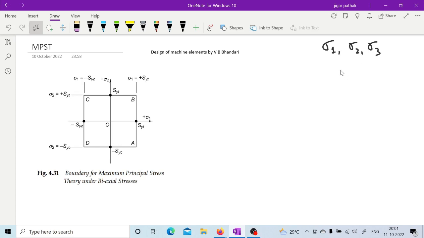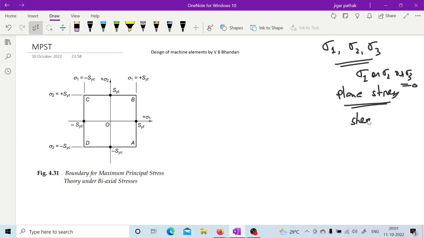Whenever any one of the stresses, sigma 1 or sigma 2 or sigma 3, is 0, that is known as plane stress. Plane stress is generally found in applications like sheet metal forming, such as deep drawing.